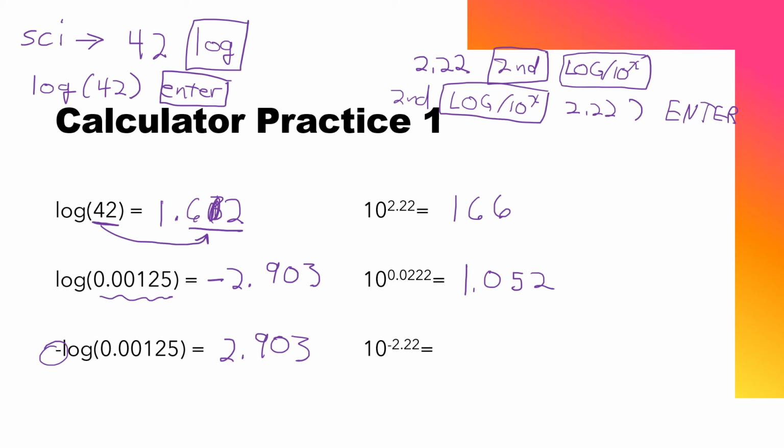Then I would hit second 10 to the x, and this is going to give me 0.00602. Okie doke. Hopefully you were getting those numbers. If not, come see me in office hours and let's figure out what's going on with your calculator.